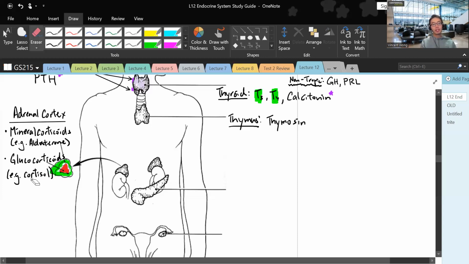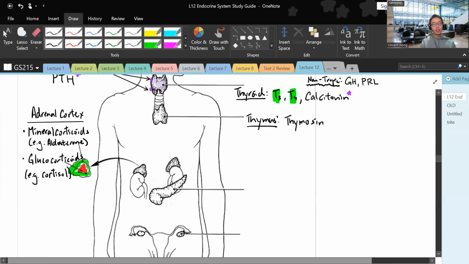Those are similar to this. So generally, the adrenal cortex is responsible for long-term stress hormone. Okay, I realize I am totally taking up the space for the medulla. I'm just going to put it right here with another label.